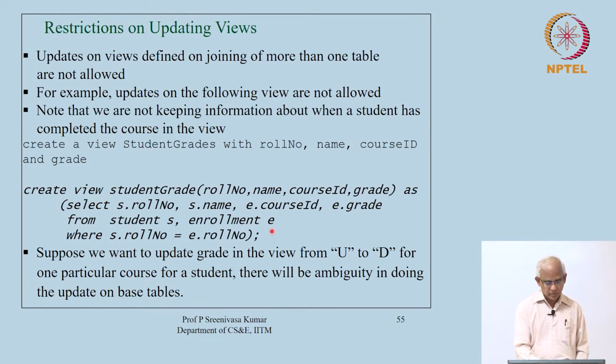So, since there is going to be ambiguity when multiple tables are involved in the view definition, and a change in one of the attribute values might be realized by multiple ways of changing the base tables, because of all these reasons, we basically do not allow any updates to be done on any view that is defined by joining more than one table. Okay.